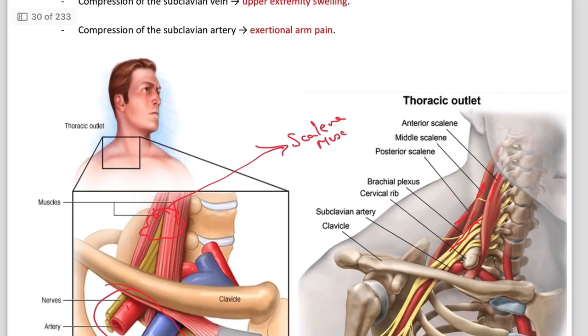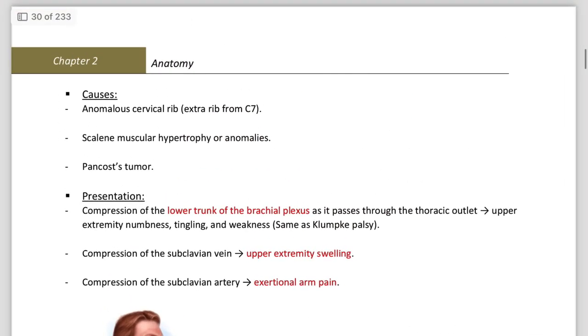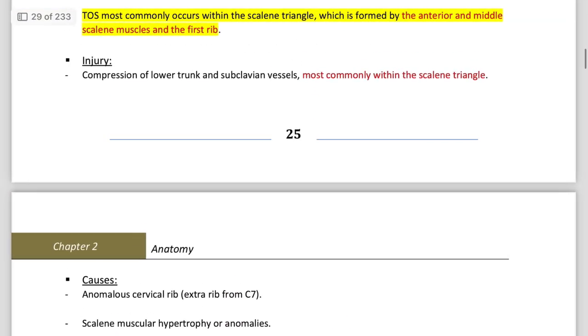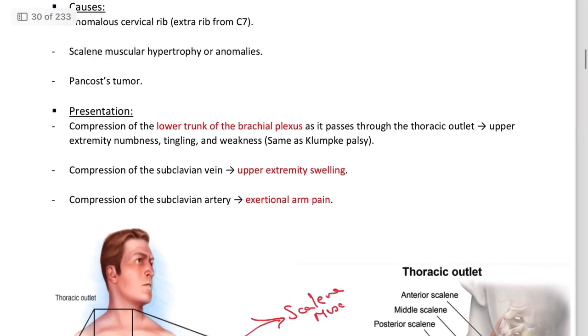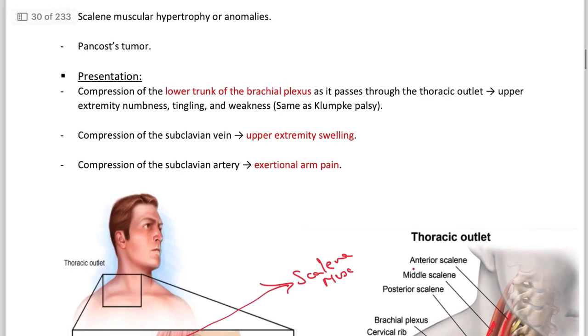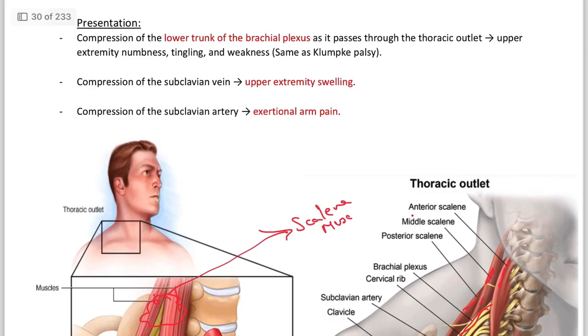Now, mostly in injury we can see compression of the lower trunk, we already mentioned this. In causes, compression of the lower trunk will happen. In presentation, in signs we can see the same claw hand, like ischemia, swelling and pain. First of all, this is a life-threatening condition.